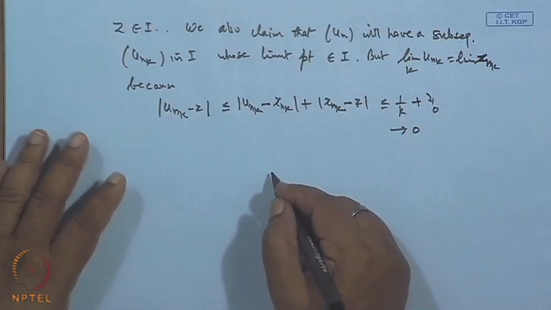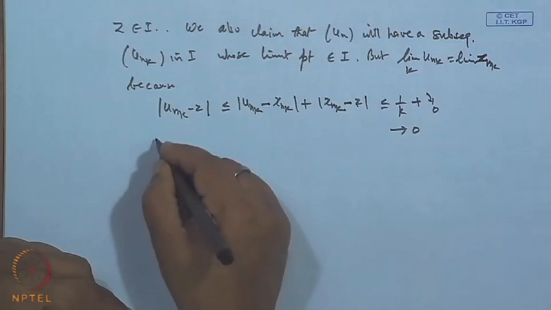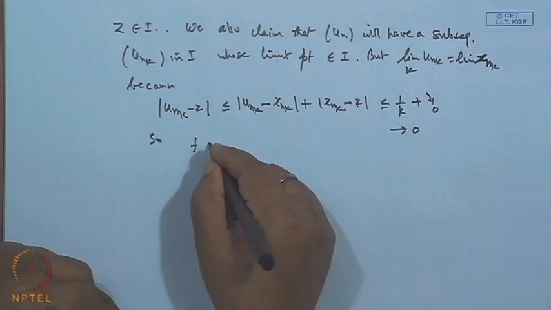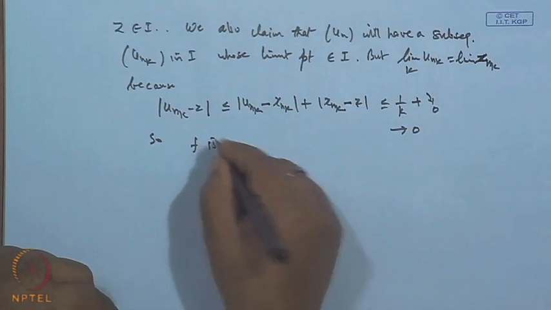Once they have the same limit point z, f is continuous at z.